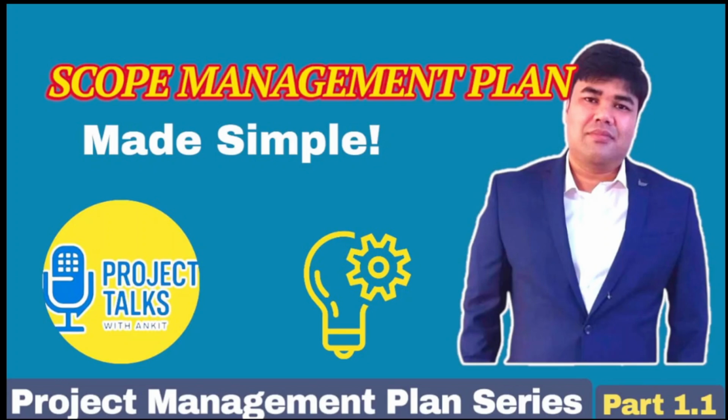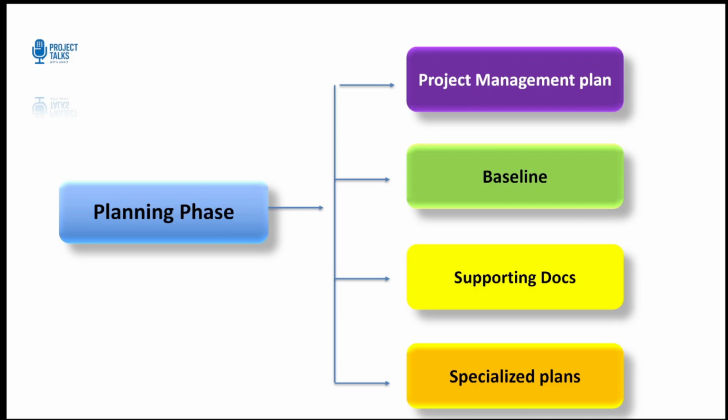Ready? Let's dive in. Now, before we start the scope management plan, let me give you a quick recap. In our previous video, we discussed the planning phase overview, the big picture that ties all planning processes together. To recap, the planning process has four different parts: project management plan, baseline, supporting documents, and specialized plans.